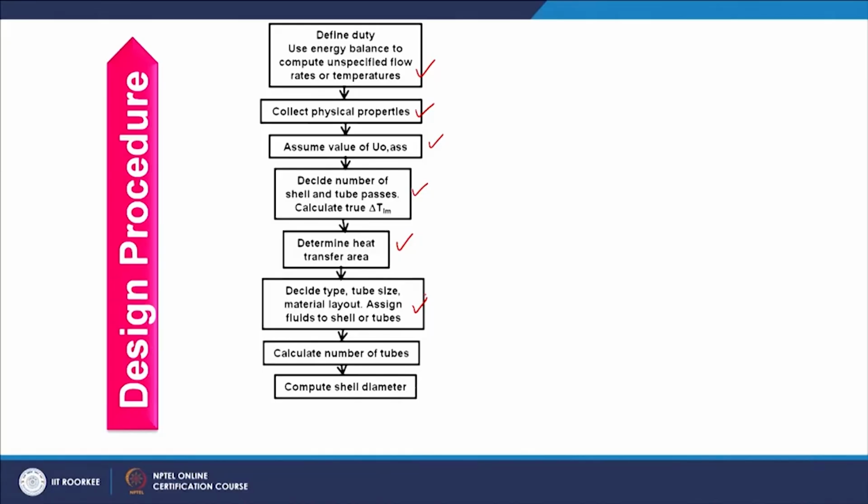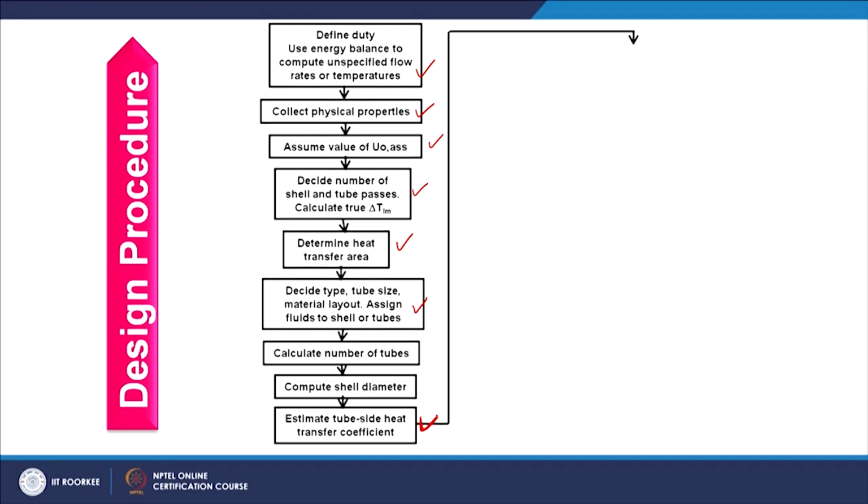All these steps we will discuss in detail in subsequent slides. Once you have the shell diameter, we can calculate the tube side heat transfer coefficient, and here we will discuss the empirical correlation used to calculate it.